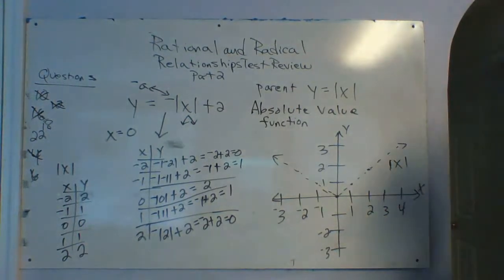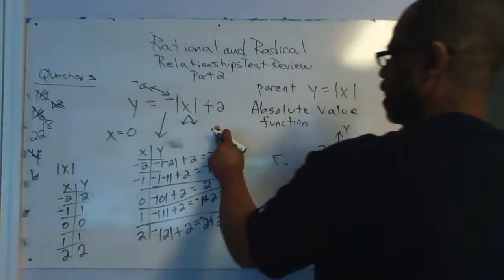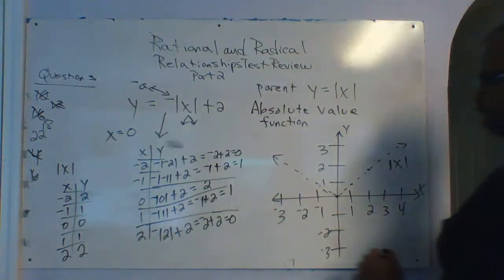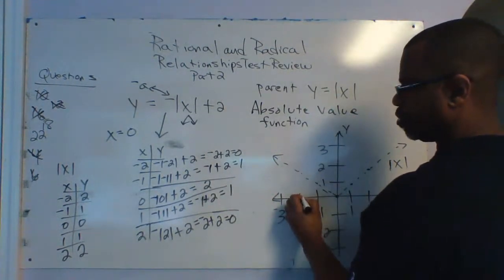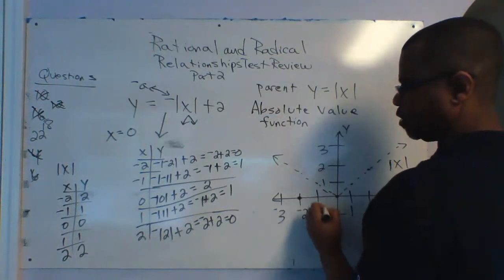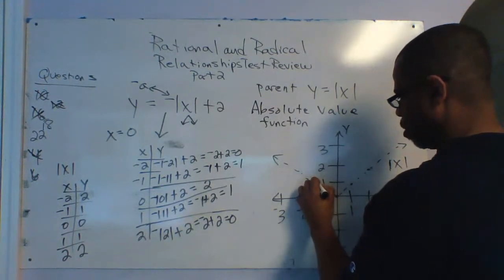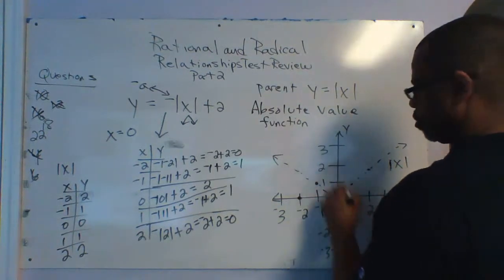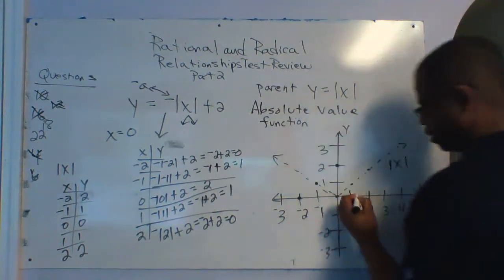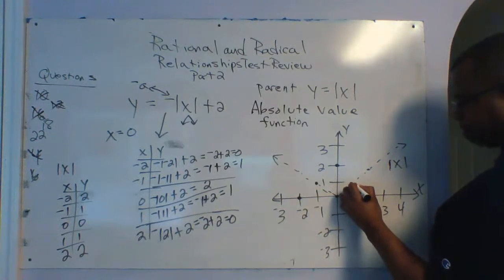Now we're going to do the actual function they're asking for. So -2 is going to give me 0. Then -1 will give me 1. And 0 will give me 2. Then this will give me 1.